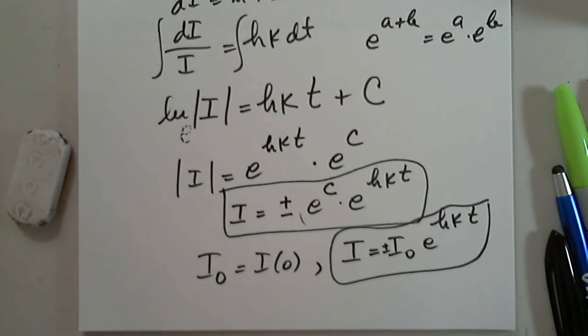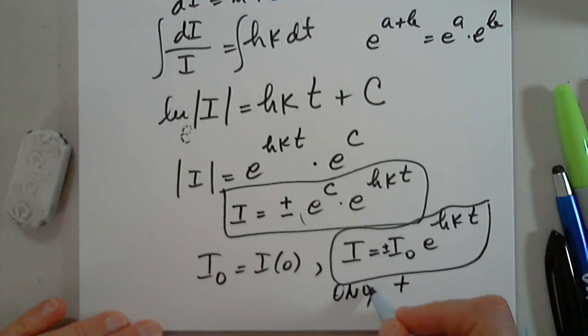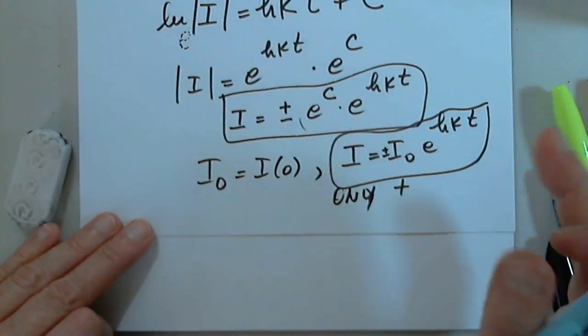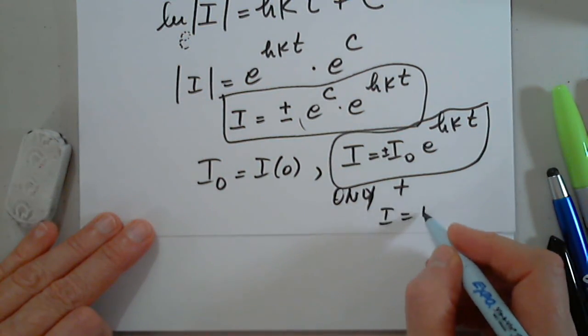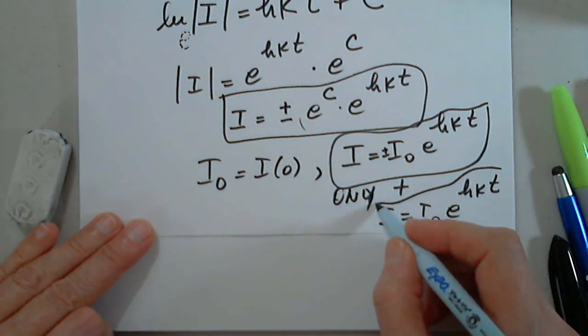Okay, I is the investment. Since we cannot have a negative investment, this is correct algebraically, but only plus, because I can't have a negative investment. Right? So then I equals I0 e to hkt. And this is it.